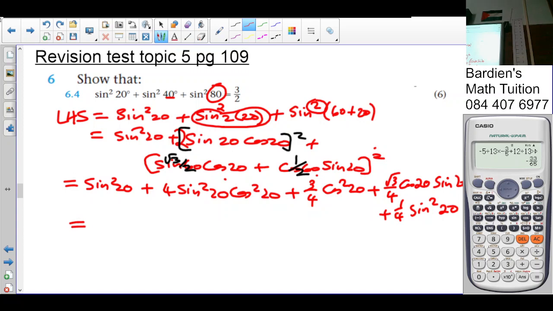Then add like terms. Sine squared 20, so you add like terms to sine squared 20. So I'm just going to sketch out, there's a lot of terms here. That's going to give you 5 over 4 sine squared 20.